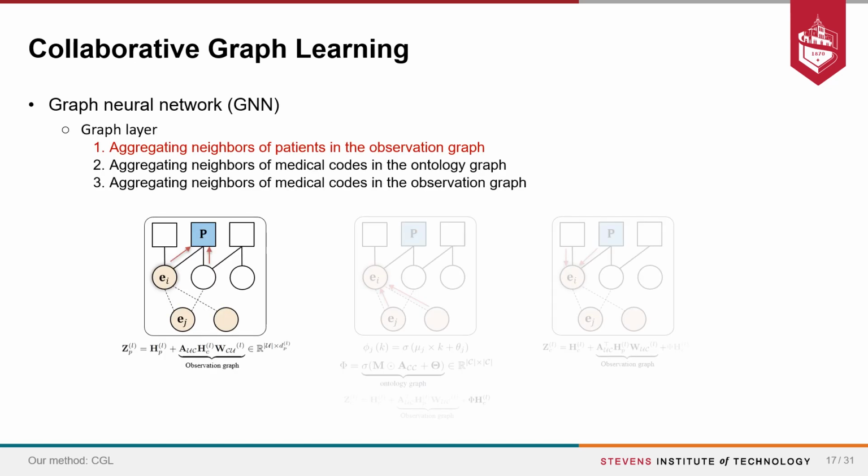In each graph layer, we first aggregate neighbors of patients in the observation graph.